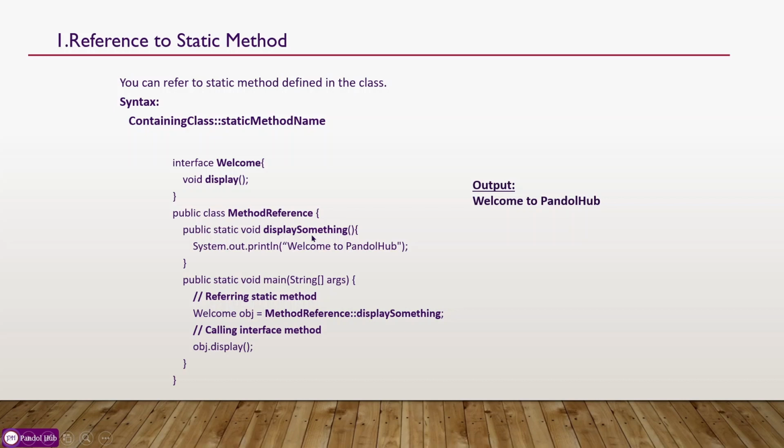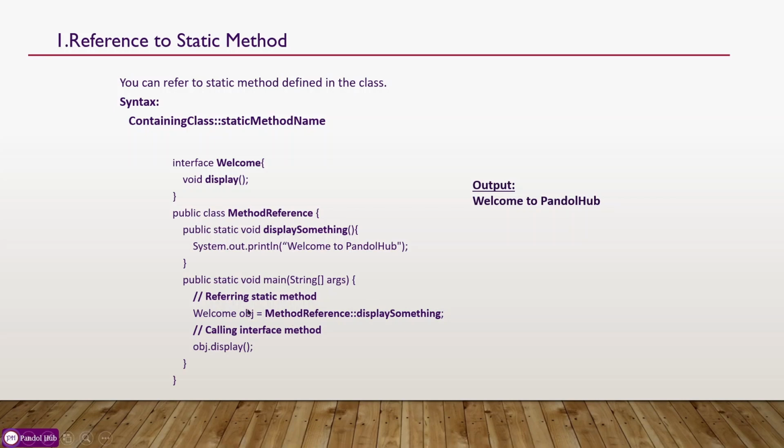Instead, I can mention the class name followed by two colons and then the method name without the parentheses. This is called the method referencing way, a new way of referencing or calling the method. It will call the method display something from the class MethodReference.